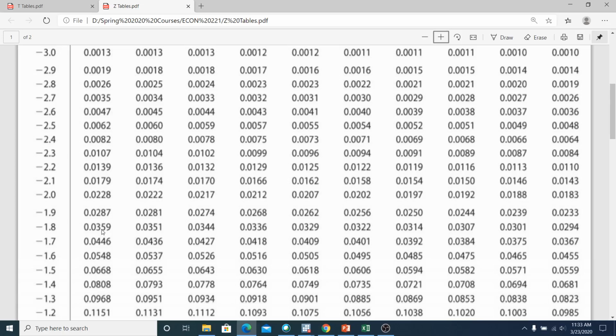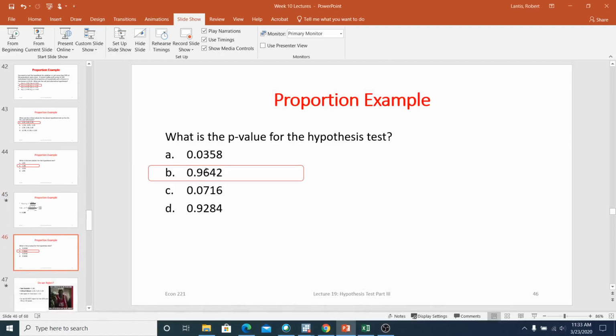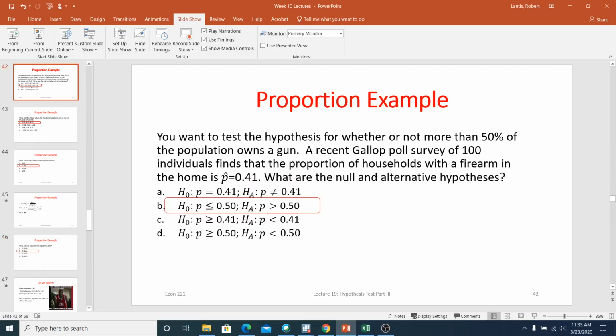I have a right-tailed test, so I'd have to subtract that from 1, which gives 0.9642. Now clearly at this p-value, is this going to be less than any alpha? Definitely not. This isn't less than 0.1, 0.05, or 0.01, so we fail to reject at every level, which is what we originally said we should do because this sample evidence supported that null hypothesis.